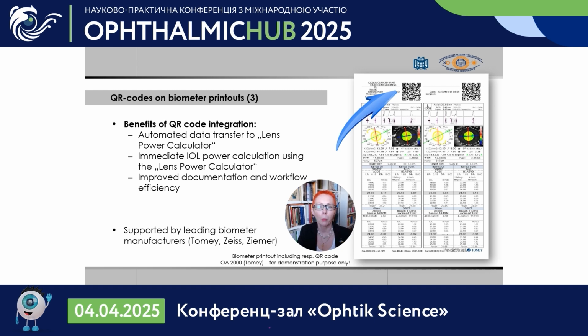They enable an automated data transfer to IOLCon's lens power calculator. By this, an immediate IOL power calculation is realized by using the lens power calculator. An improved documentation and workflow efficiency is realized by these QR codes as well. This very new feature of IOLCon is already supported by leading biometer manufacturers like Tomey, Zeiss and Ziemer.